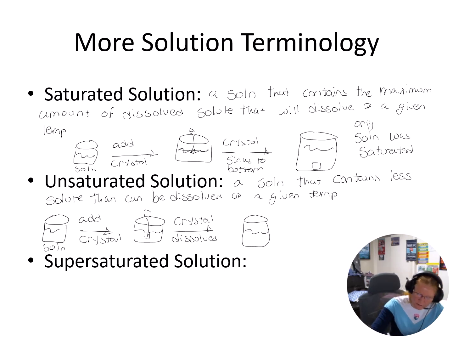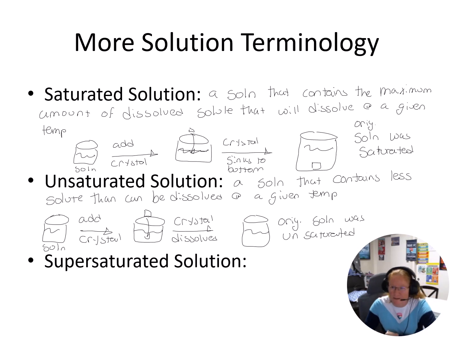Our original solution was unsaturated, because if I had less solute than can be dissolved at a given temperature, that means if I added more, at least as long as I didn't go over the solubility, it could dissolve. Like let's say sodium chloride, it has a solubility of 33 grams for 100 grams of water at 100 degrees Celsius. So let's say I had a solution that only had 15 grams in it. If I added another gram, it would just dissolve because that's still under the solubility.